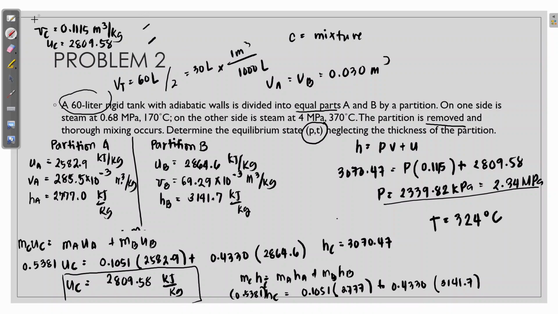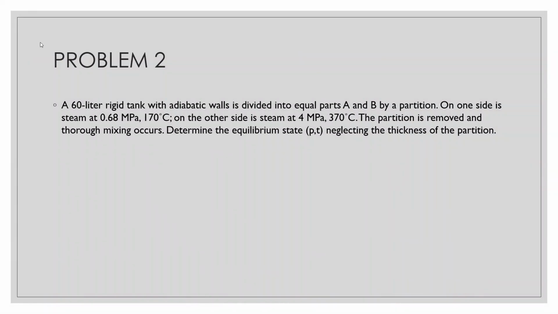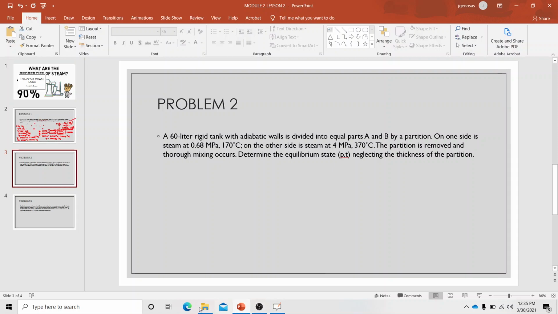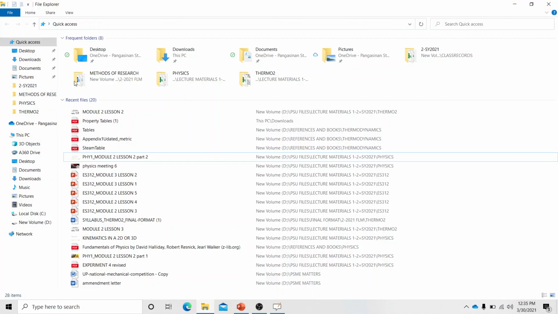Okay, so subukan nating hanapin yung sa molar chart.